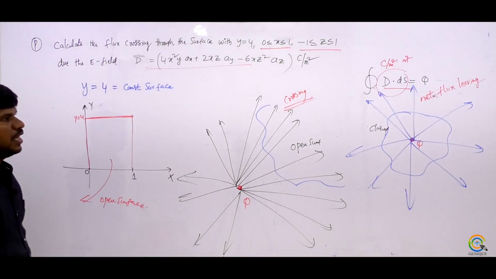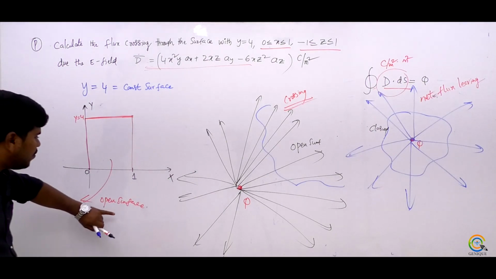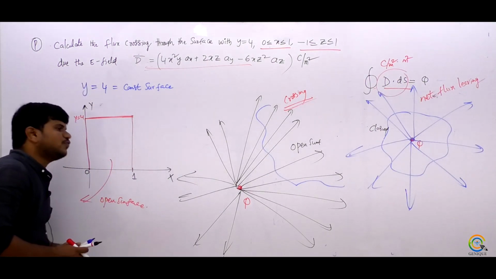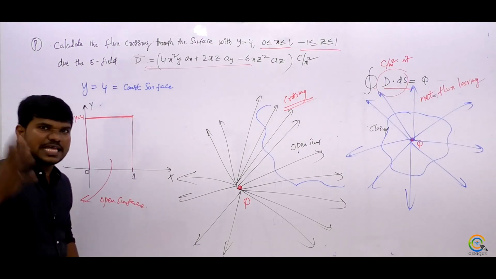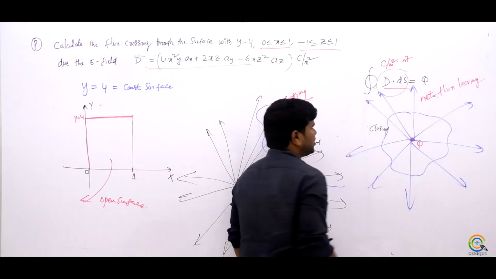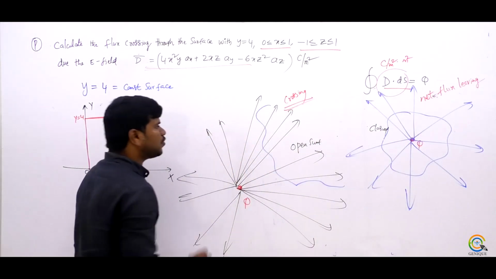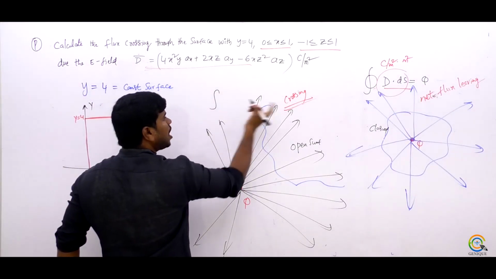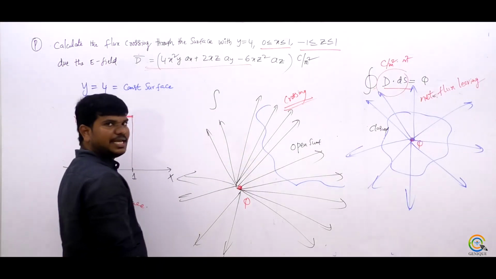An open surface. So how do we find the flux crossing these kinds of open surfaces? The expression is the same, but for these kinds of questions, we will not put the closed integral here.